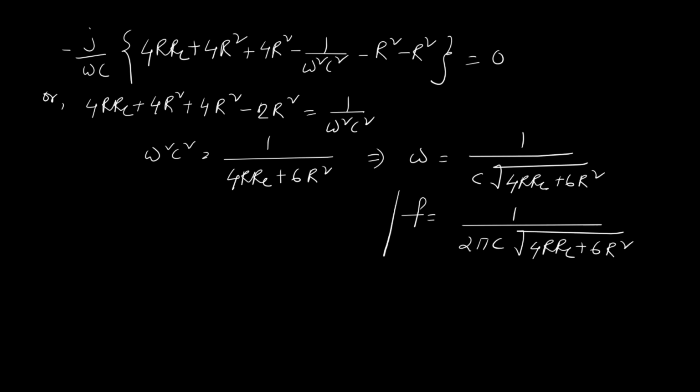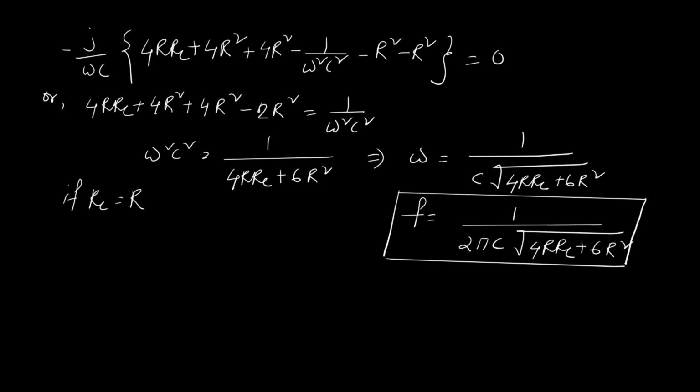So this is the frequency of oscillation of the phase shift oscillator. And if RC is equal to R, then 1 by omega square C square is equal to 10R square, right? So frequency will be 1 by 2 pi RC root over of 10.